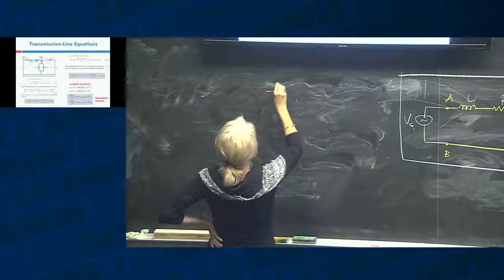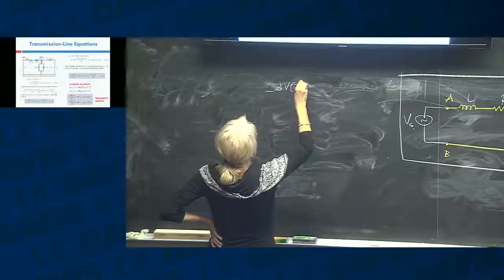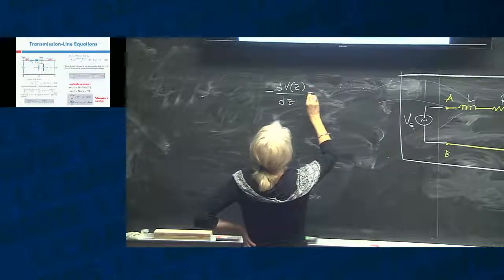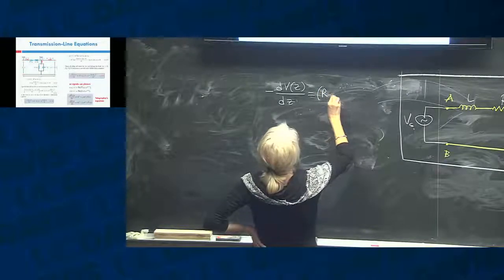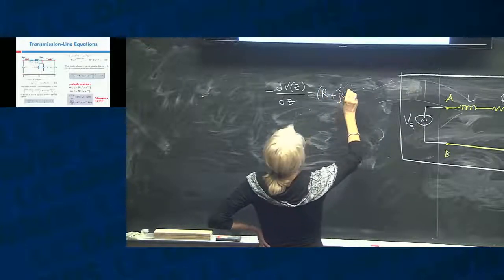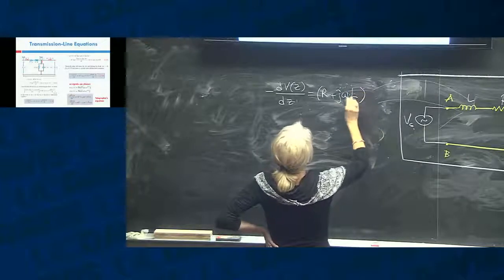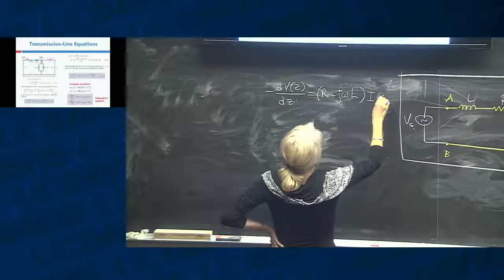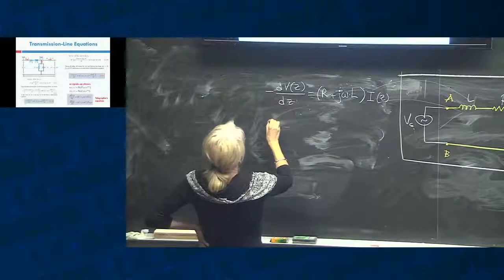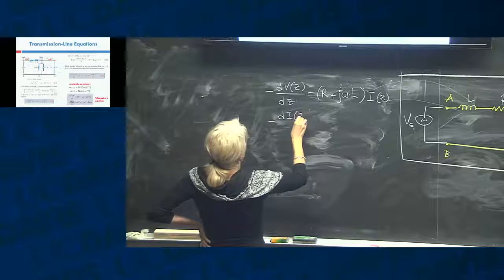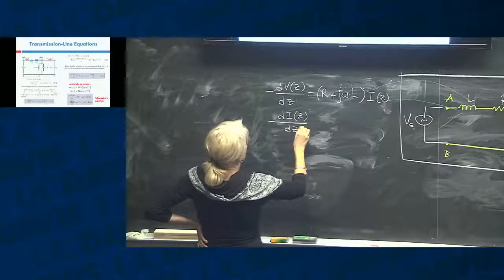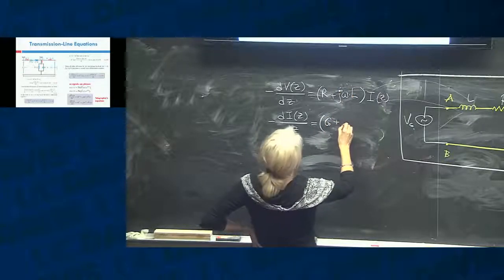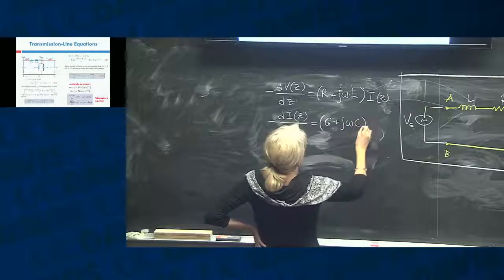So it's going to be minus dV/dz equals R plus j omega L, I of z, and minus dI/dz equals G plus j omega C, V of z.